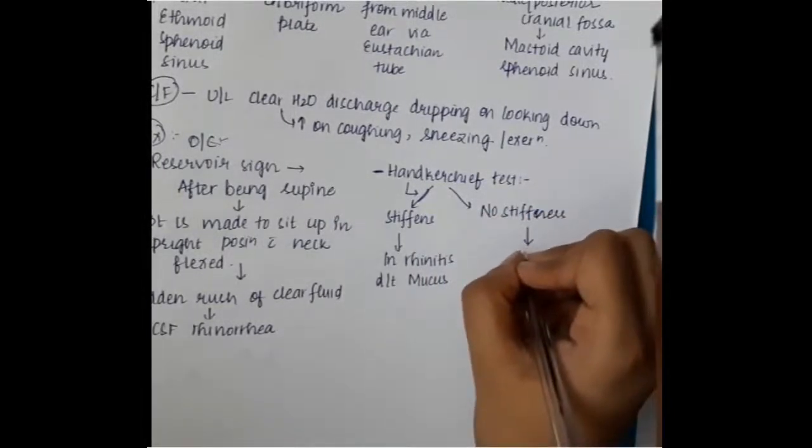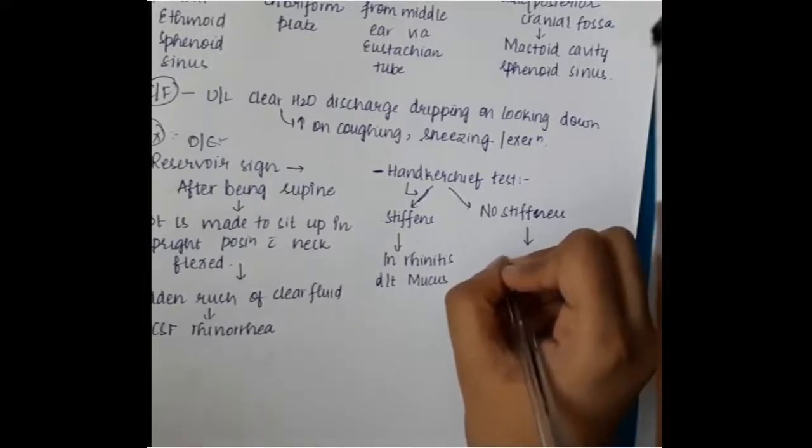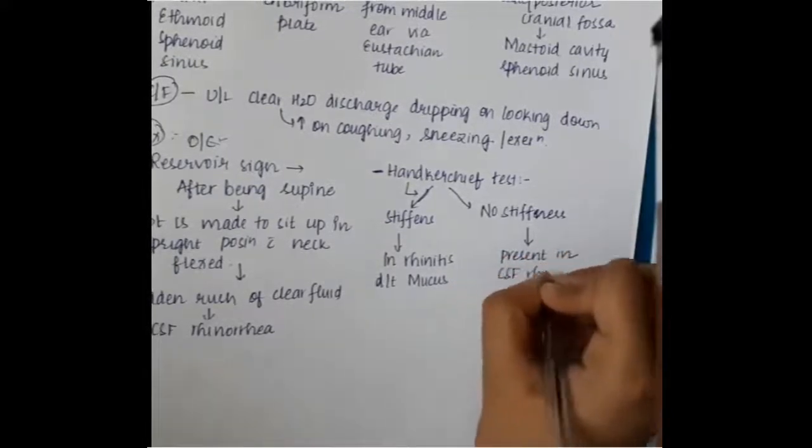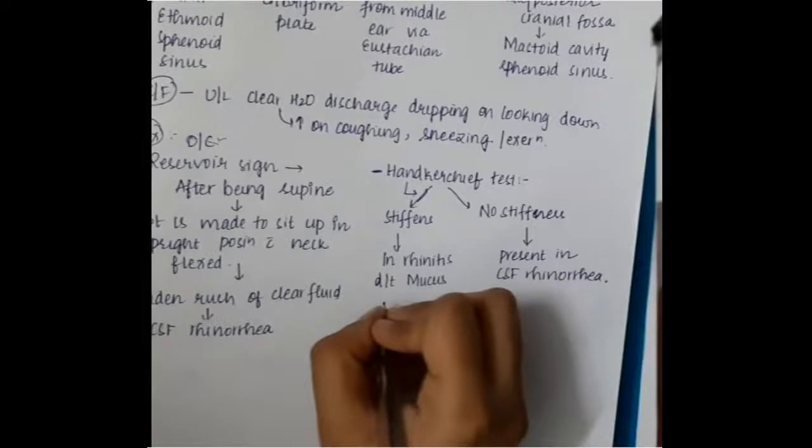In rhinitis, the stiffness occurs due to the presence of mucus in the running nose. Because of the mucus-like material, stiffness of the handkerchief occurs. But in CSF rhinorrhea, because it is clear fluid, you will not see any stiffness.